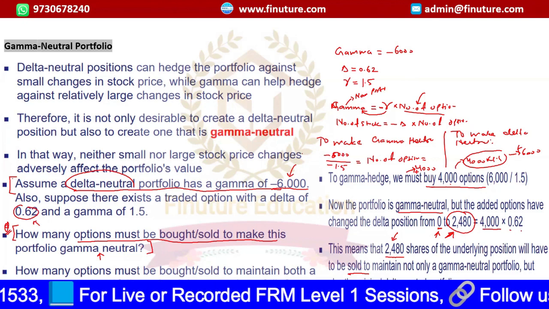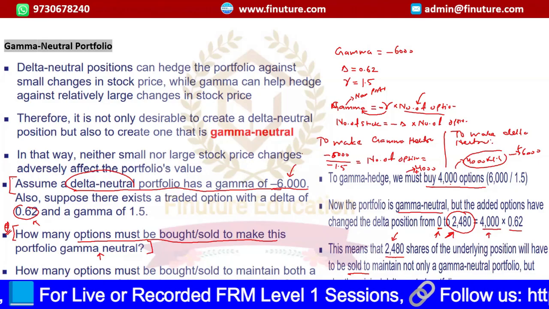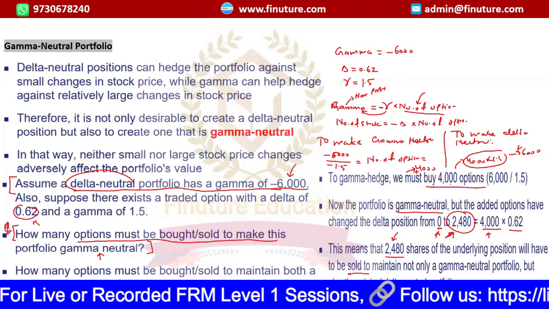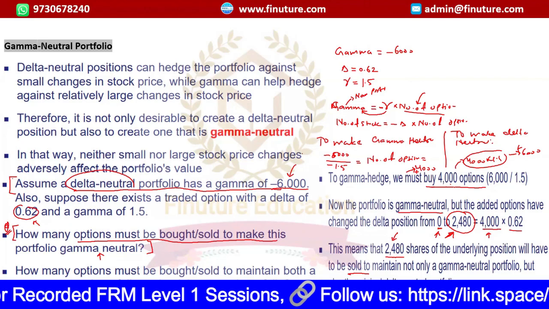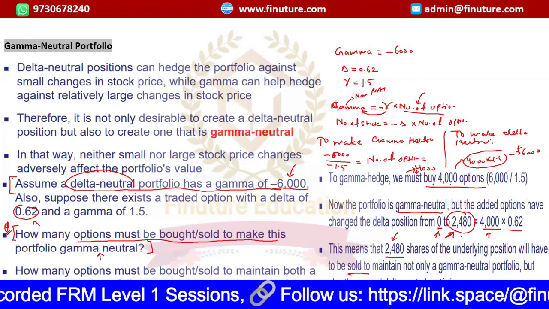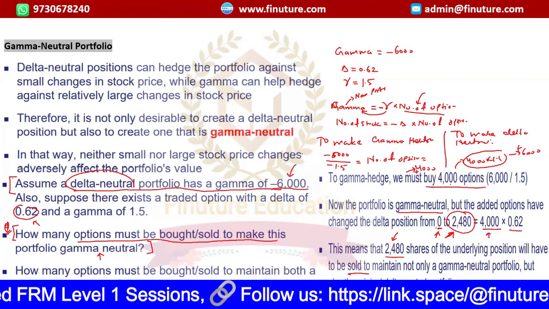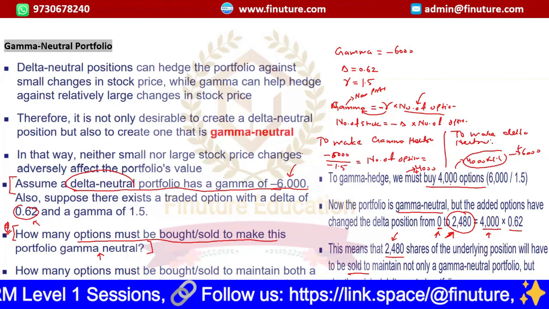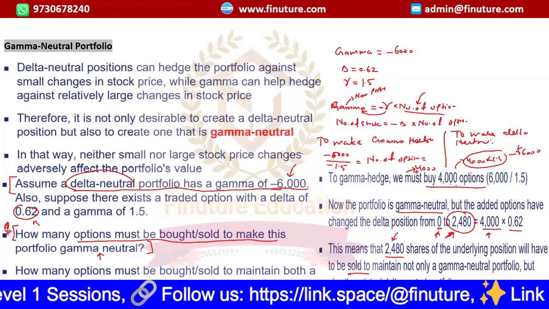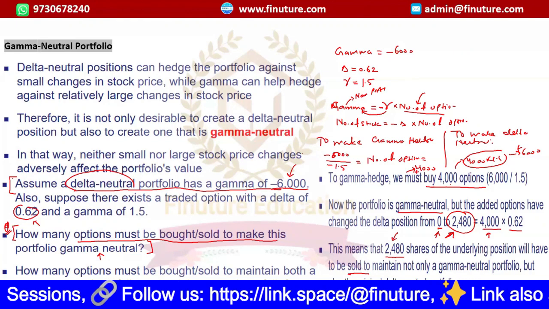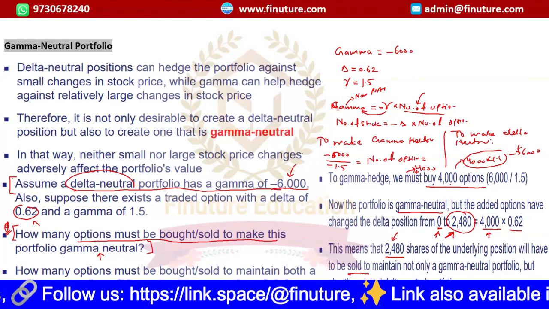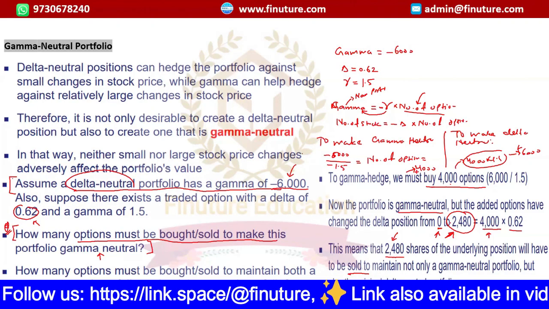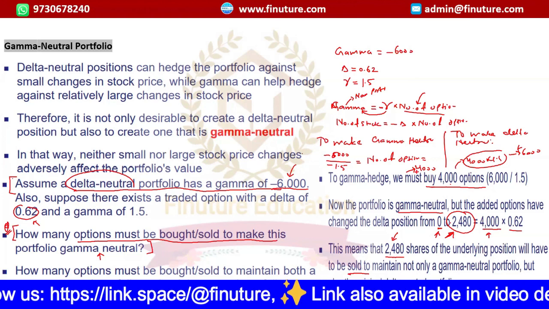So the options you added to make your position gamma neutral changed your delta from 0 to a new delta of 2480. Is it clear, Tobias?